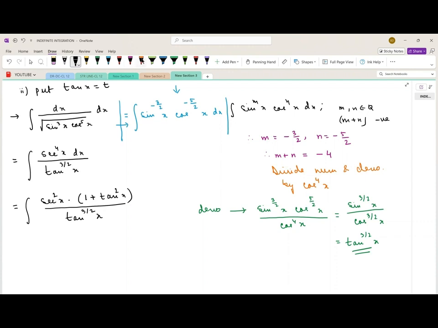Now if you put tan x equal to t, that was the second step for dealing with this type of sum, then this converts to the form 1 plus t square by t to the power 3 by 2 dt, which can be easily integrated. So these are a few special types of trigonometric sums that I wanted to discuss. Now we will pass on to the next steps.